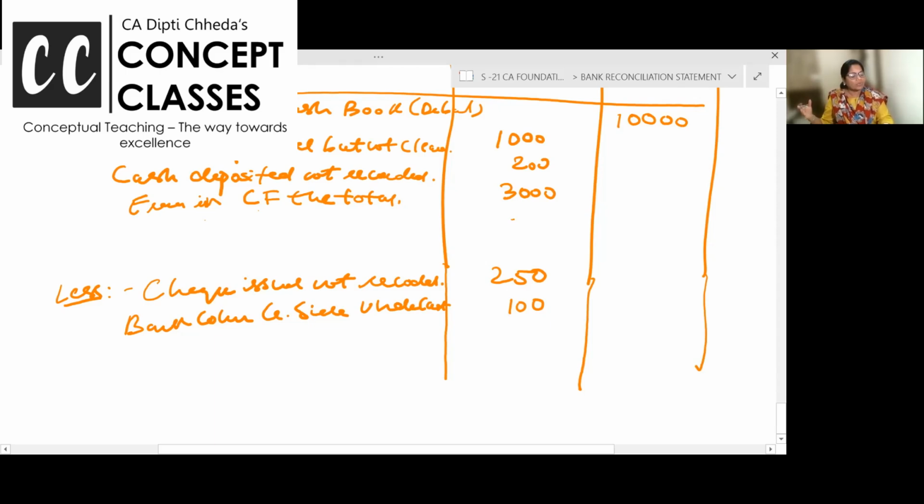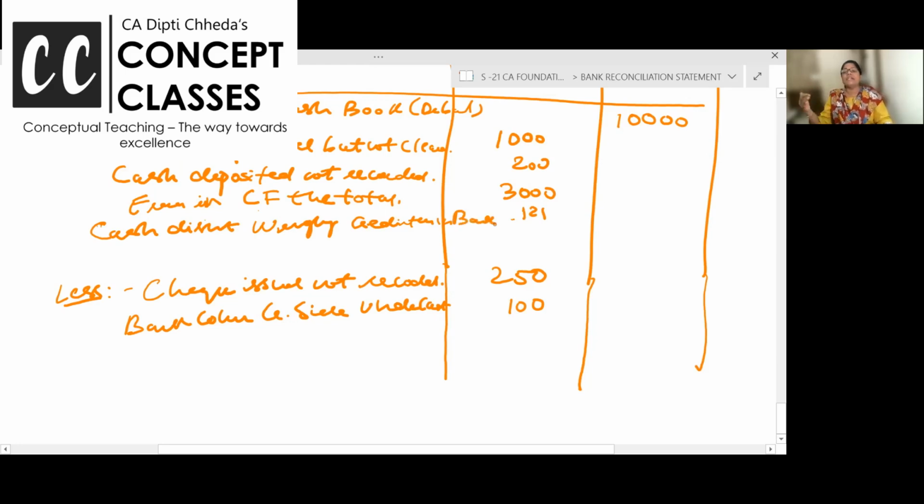So it's a discount allowed. So you should have credited the discount column, but by mistake it is recorded in the bank column, that too on the credit side. So now what you should do? Debit 121. Cash discount wrongly credited in bank column.